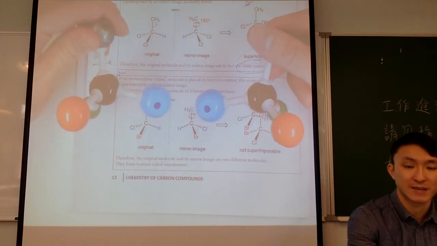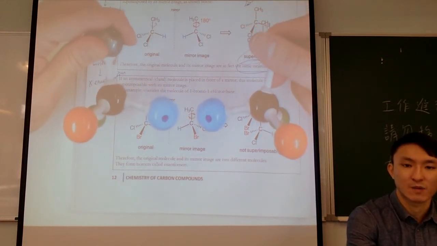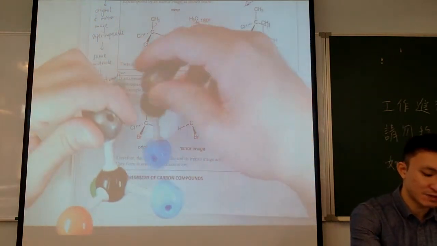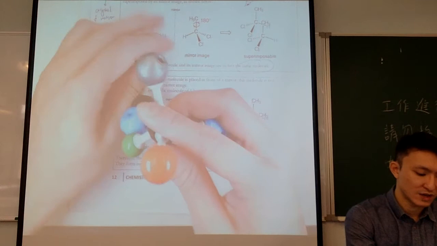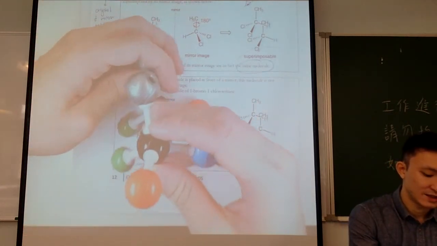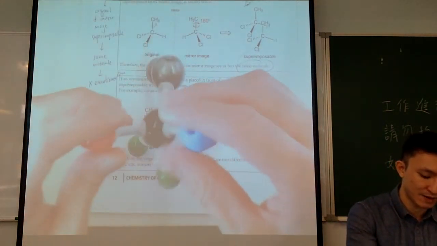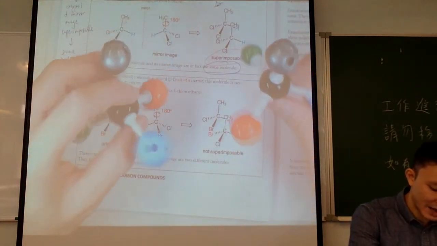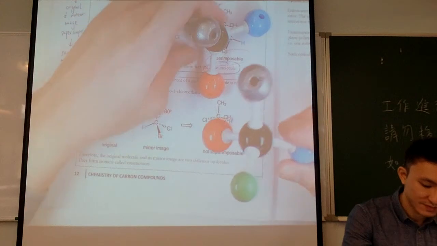Now, I try to do the same thing to see if they can overlap one another perfectly. So I will do the same thing as before. Try to align it like this, or maybe if I follow this one, we have this one and this one.